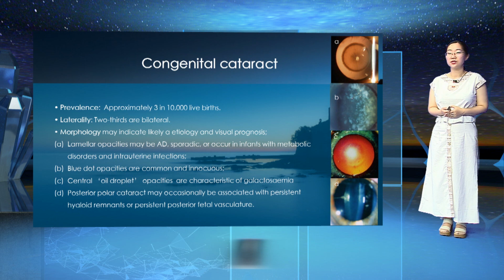Blue dot opacities are common and innocuous. Central oil droplet opacities are characteristic of galactosemia. Posterior polar cataract may occasionally be associated with persistent hyaloid remnants or persistent fetal vasculature.